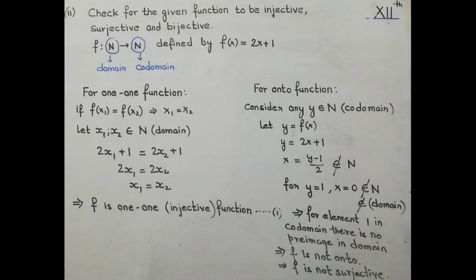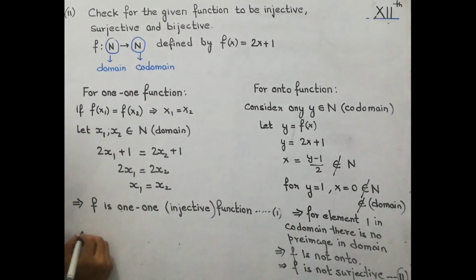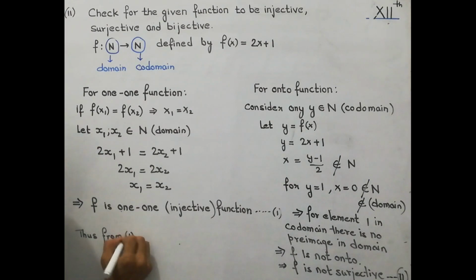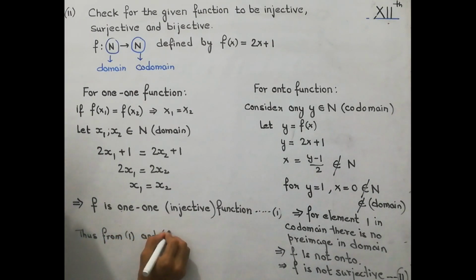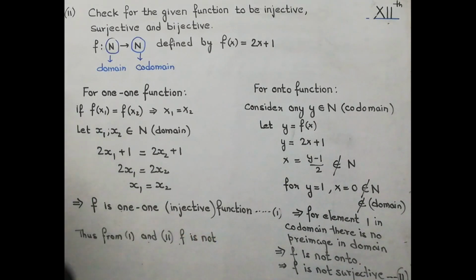And here we can see that the function has been shown 1 1, but it is not onto, so the function cannot be bijective. f is not bijective. Hope this point is clear.